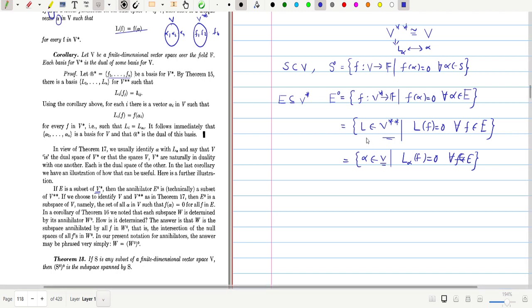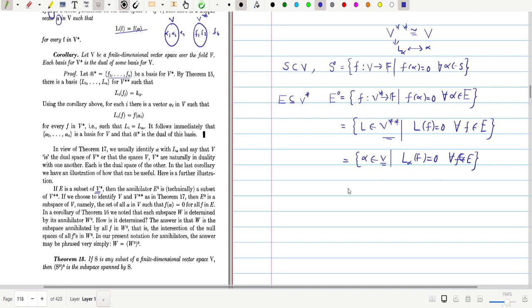Technically this is a subset of V double star, but you can consider this E naught as a subset of V using this isomorphism. For each L belongs to V double star, there should exist alpha belongs to V satisfying this condition.